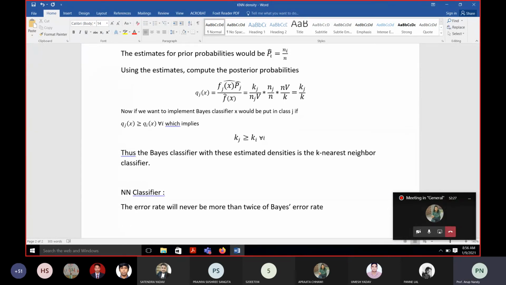Okay, the error rate in the nearest neighbor classifier will never be more than twice the Bayes error rate.